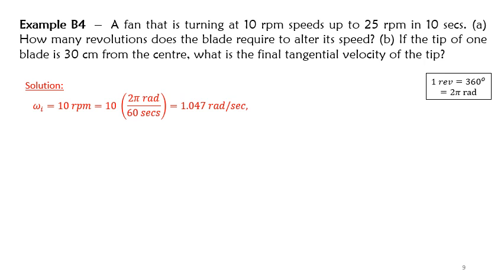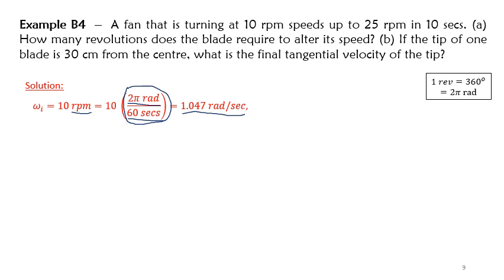One revolution is 2 pi radians, then 1 minute is 60 seconds. By the time you compute that, you have 1.047 radians per second. That's converting 10 revolutions per minute to radians per second.